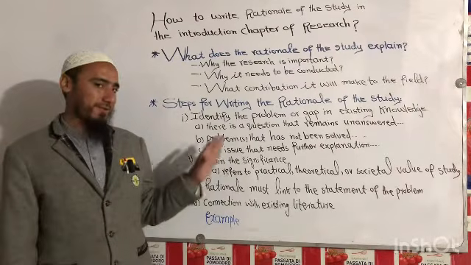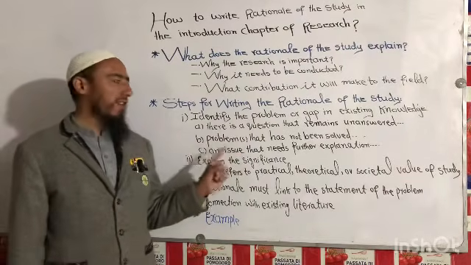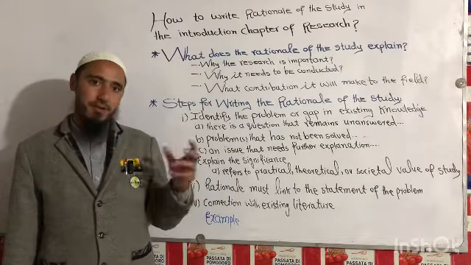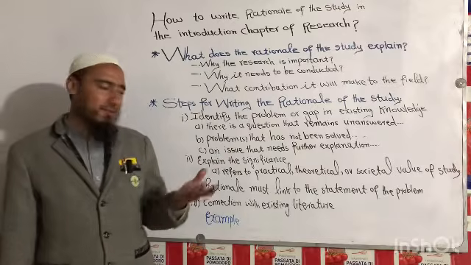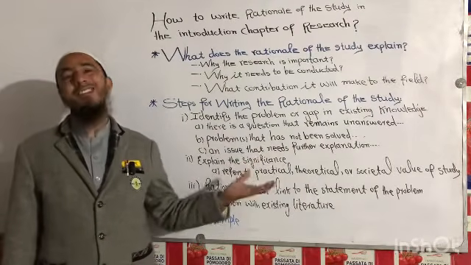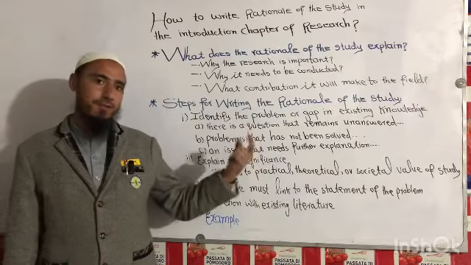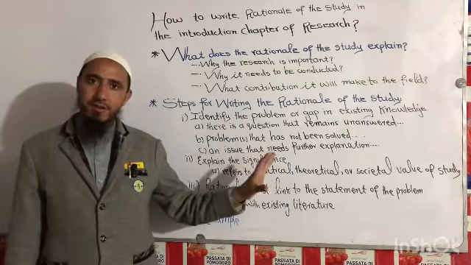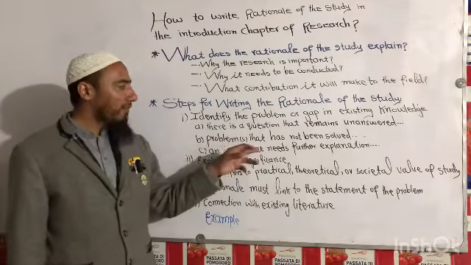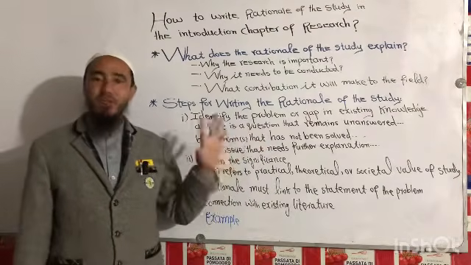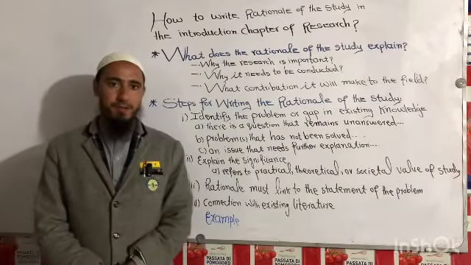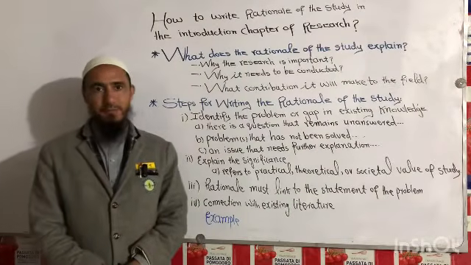So listeners and audience, this is the first point: identify the problem or research gap. How will you know the problem? For example, in the existing knowledge, some problem has not been solved, some problem has not been answered, or a problem or an issue needs explanation for the solution in future of that problem.